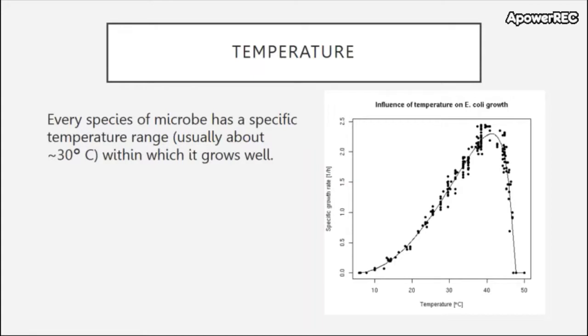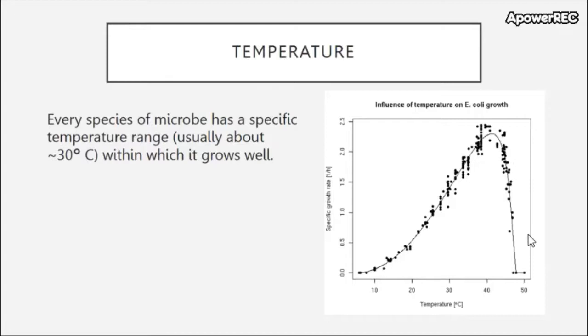Usually most microbes have an optimal growth of around 30 degrees Celsius, and that's because of the conditions here on Earth, we have hot and cold, but 30 is kind of a medium between all of them. And a lot of microbes are actually associated with animals which have an elevated body temperature.